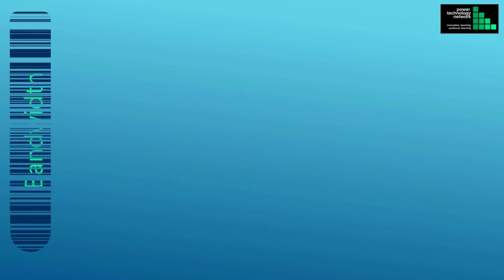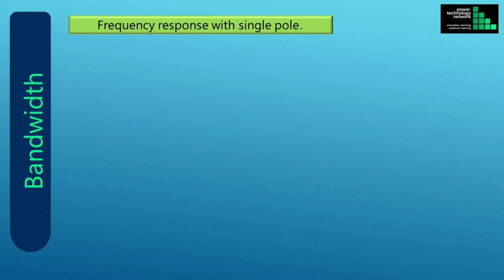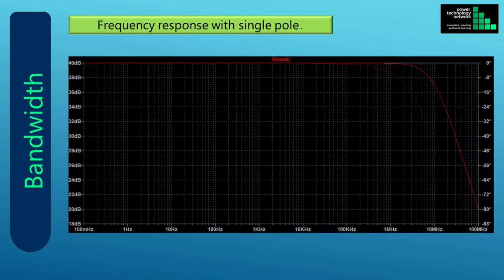In this slide, we explore the frequency response for the ideal op-amp with a single pole added. This is what the frequency response looks like for the op-amp circuit in the previous slide.